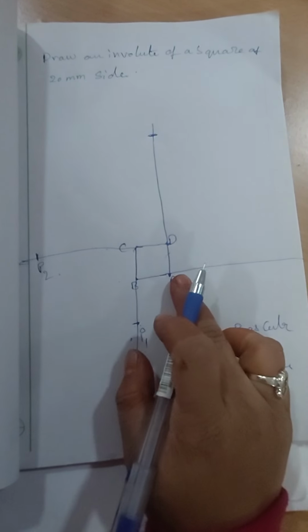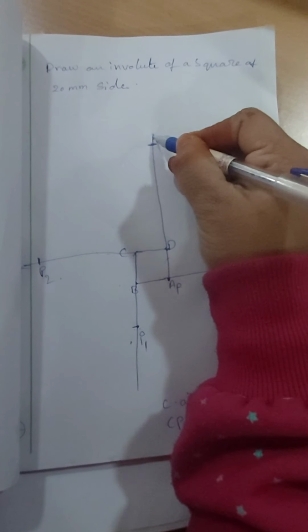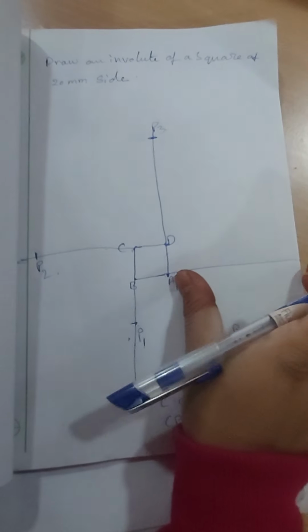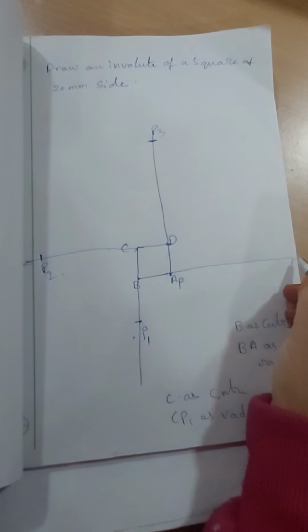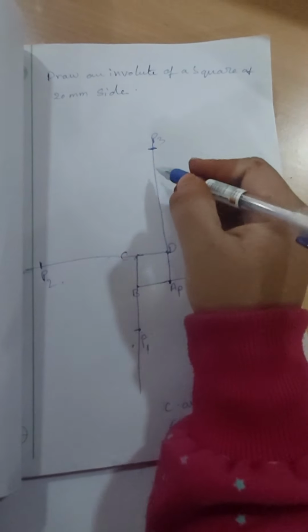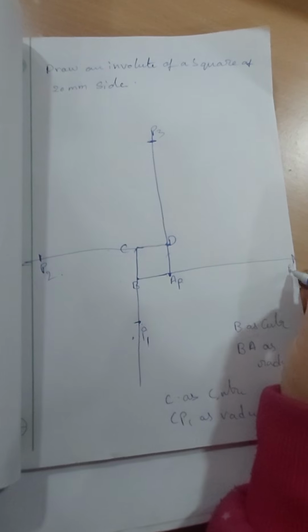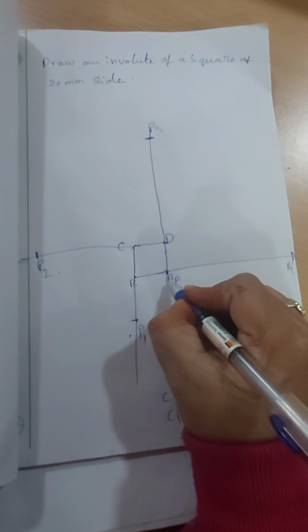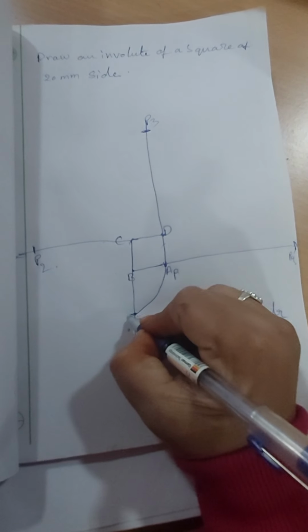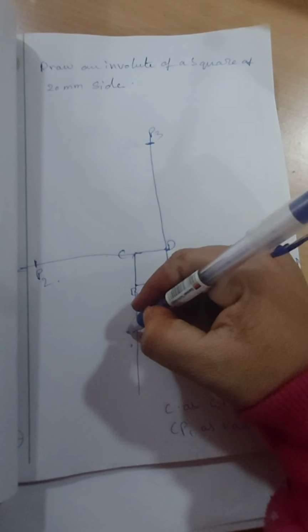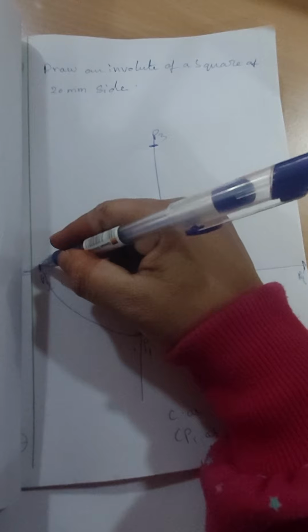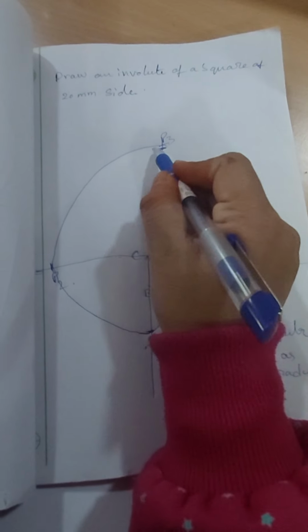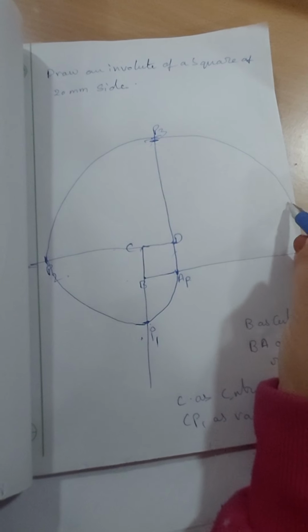With A as center and AP3 as radius, draw the arc on the line. We get P4 here. Now, starting from P, join all the points freehand to form the involute profile.